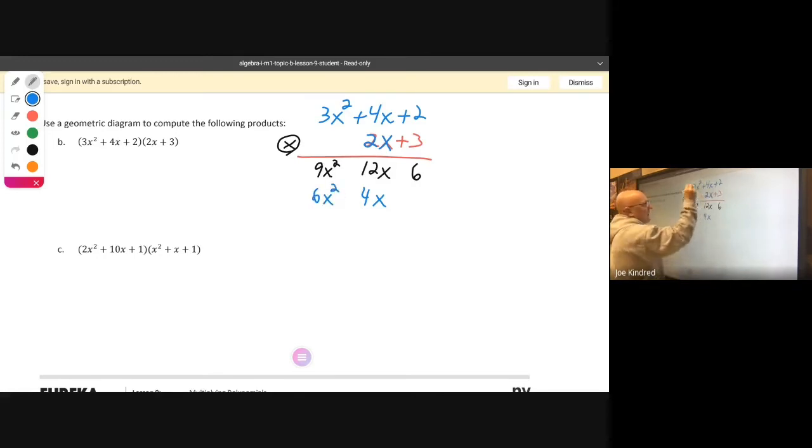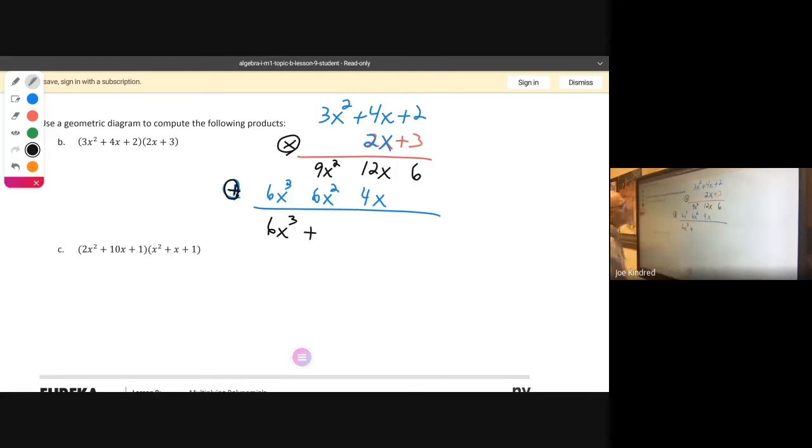And then 2x times 3x squared is 6x to the third power. And as we did before, now we're going to add to finish out. So 6x cubed plus 15x squared plus 16x plus 6.